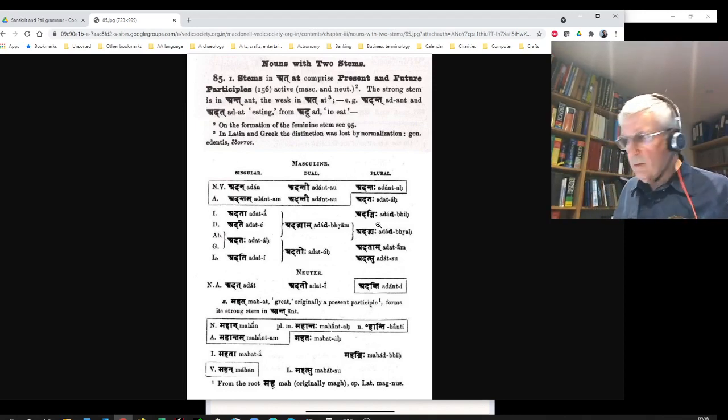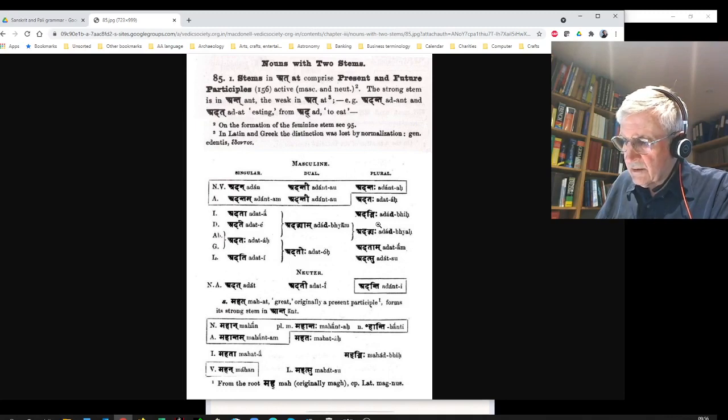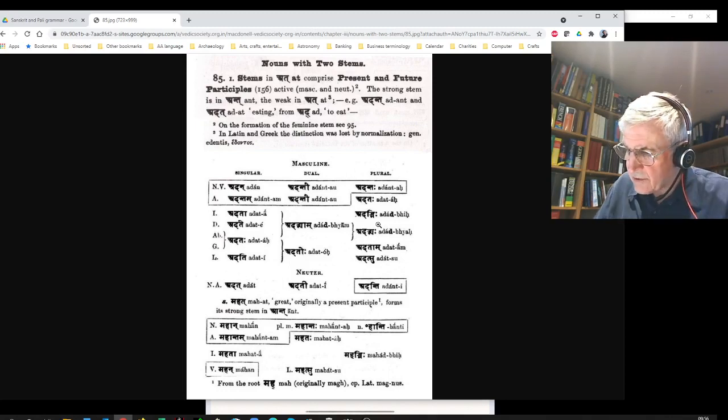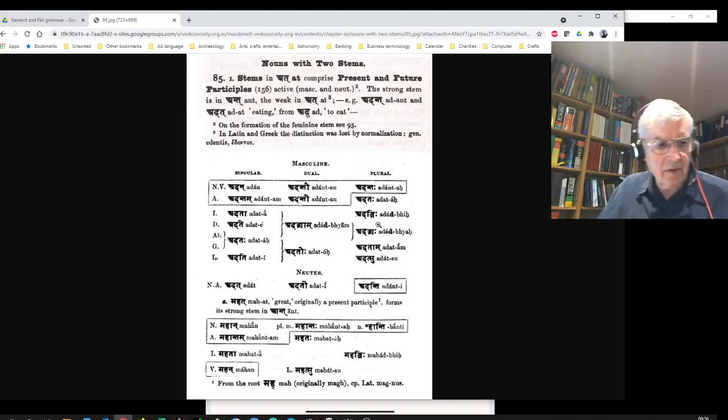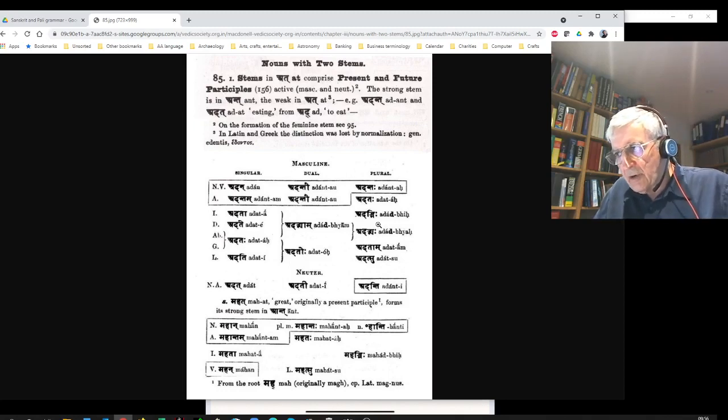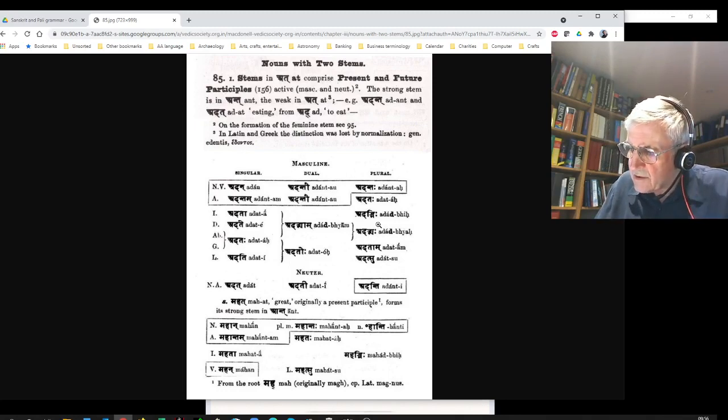That's cognate with the Latin ending ans and antem in the accusative, from which we get so many English words ending in ant or ent: applicant, detergent, postulant, fire retardant. Sentient, a sentient being, is from sentire, to feel. It's the present participle, the adjectival form.